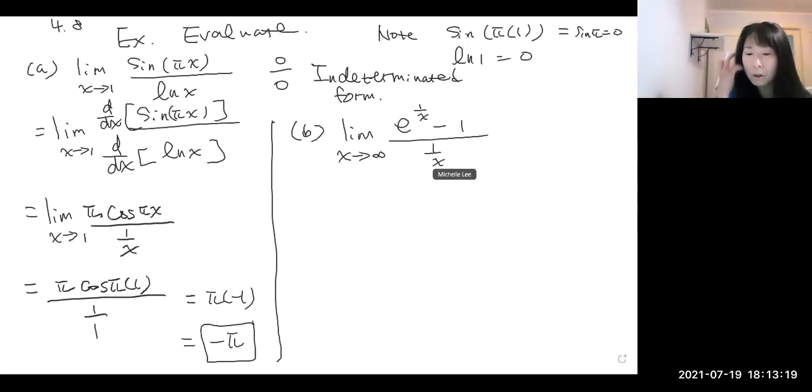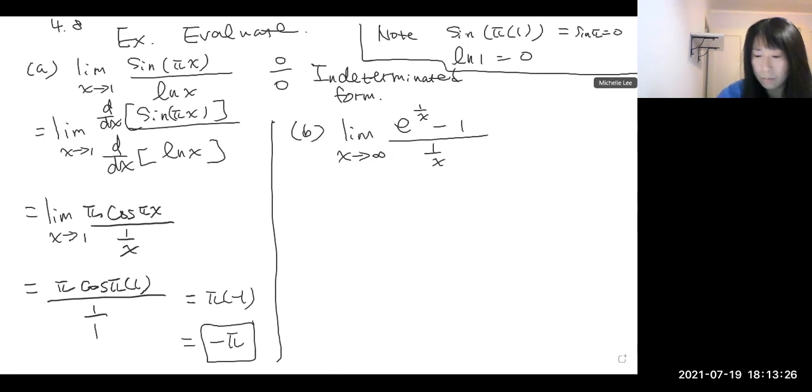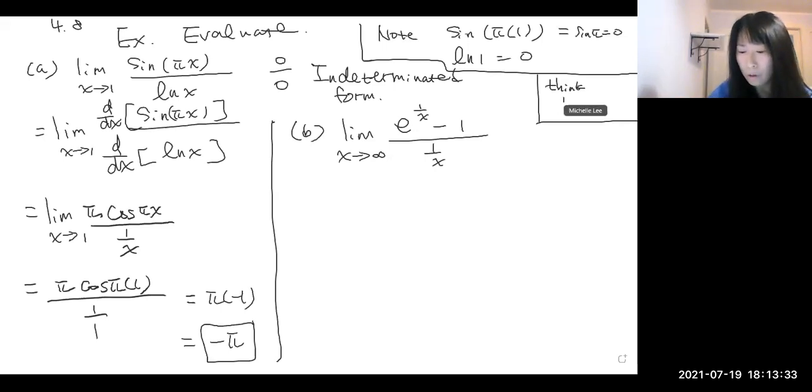So we have to know, casually thinking, 1 over infinity, what do you get? So we have a number divided by a bigger number.